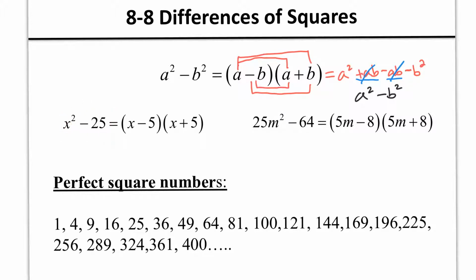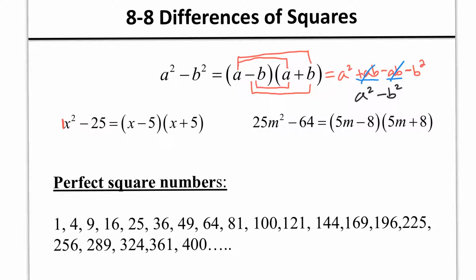Remember the x squared has an invisible 1 in front of the x, so there's a 1 there. Those two terms, the 1 x squared and the 25, ignore the minus for now. I'll explain the minus in a second. The two terms are perfect square numbers. So how do you know they're perfect square numbers? That's the list I have down here. These are just some of the perfect square numbers that we have. There are infinitely more.